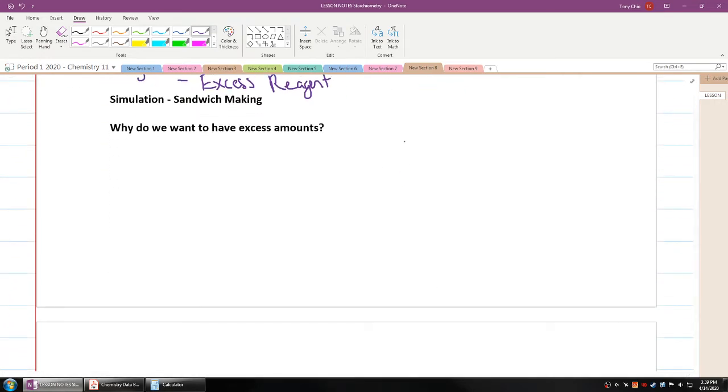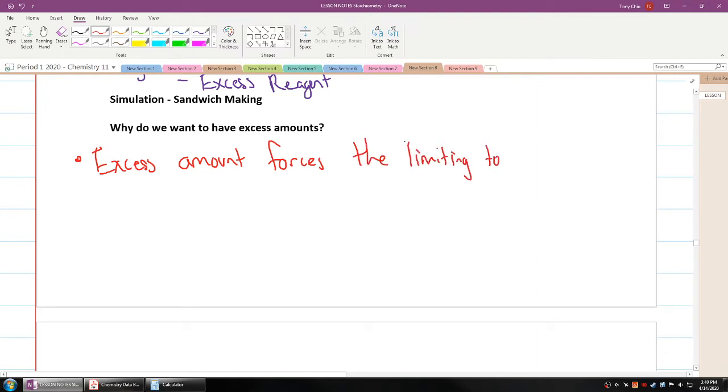Well, why do we have excess amount? Why can't we just have a set amount of reactants always? Well, one of the reasons why is because the excess amount forces the limiting to be fully used up.